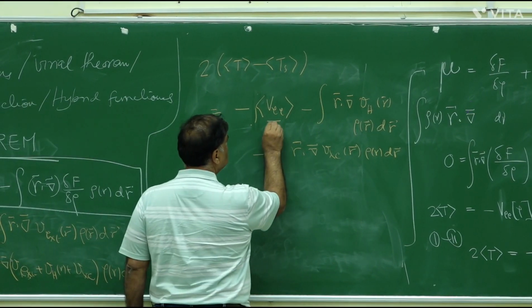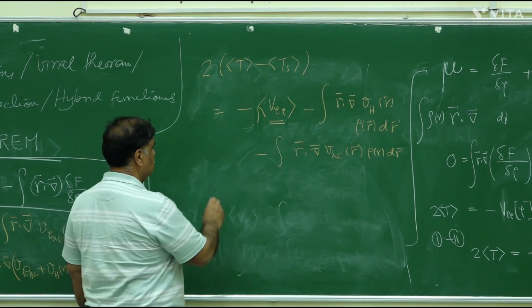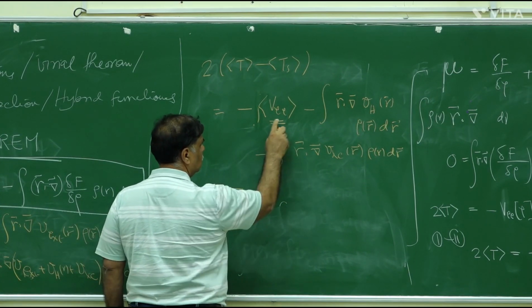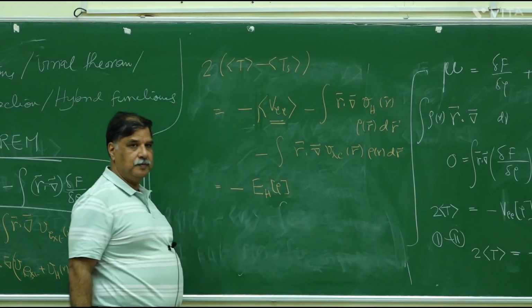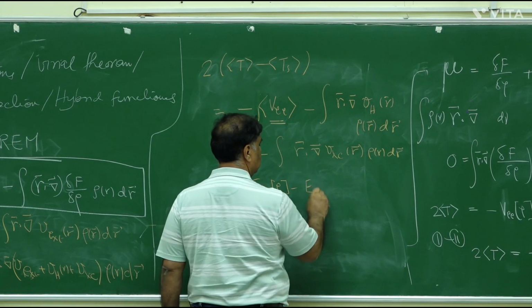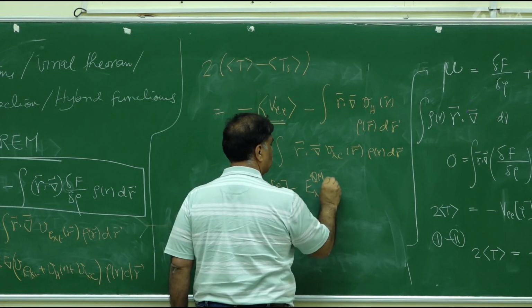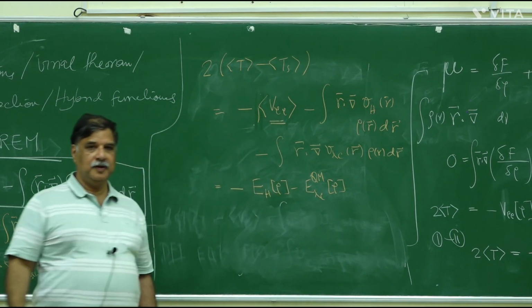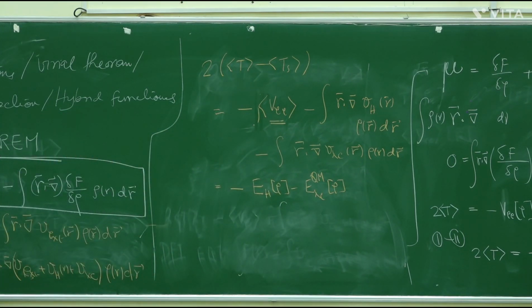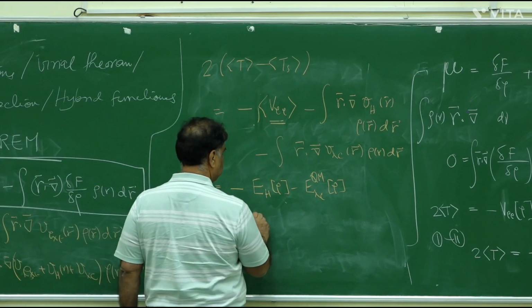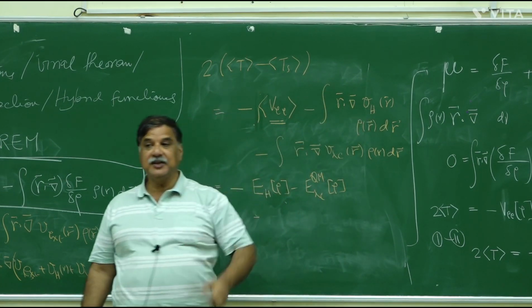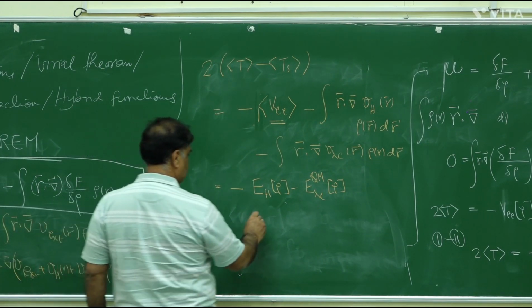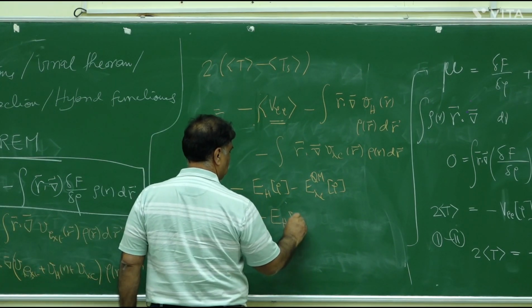Now, V_ee is nothing but, what is V_ee? It gives you E Hartree rho minus E_XC quantum mechanical rho. Right? This is the expectation value with respect to the full wave function. Minus, again with some manipulation, you can show that this term inside the integral is minus E_H rho. So this comes out to be plus E_H rho.